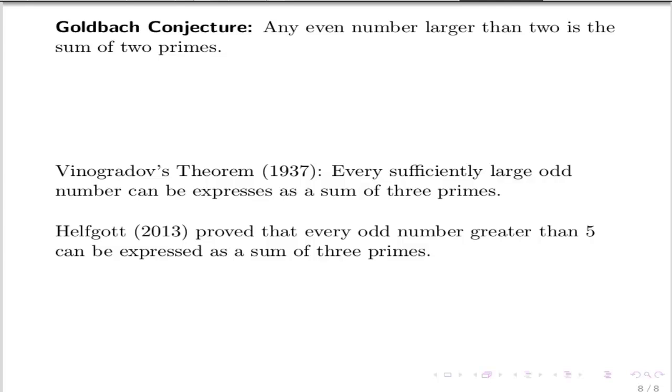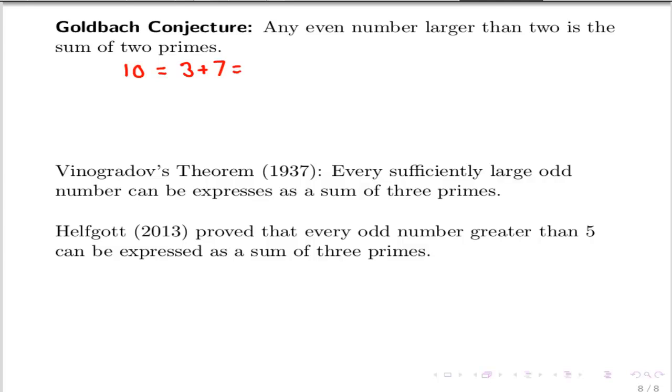Finally, let's mention the Goldbach conjecture, another famous open problem in number theory. It's the statement that every even number larger than 2 is the sum of 2 primes. So for instance, 10, an even number, is 3 plus 7.